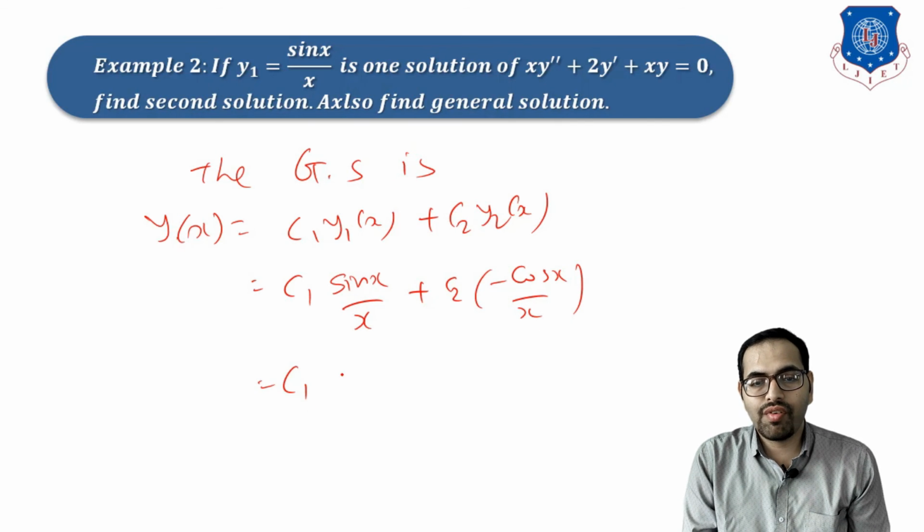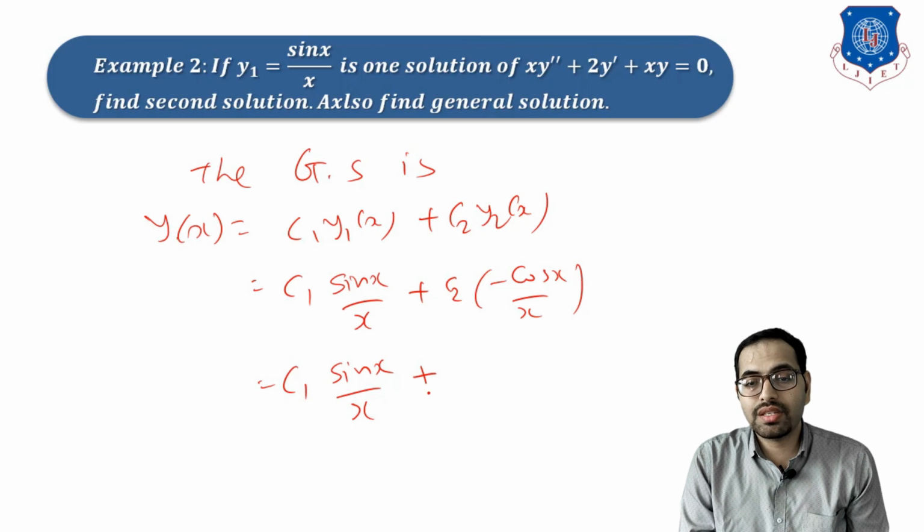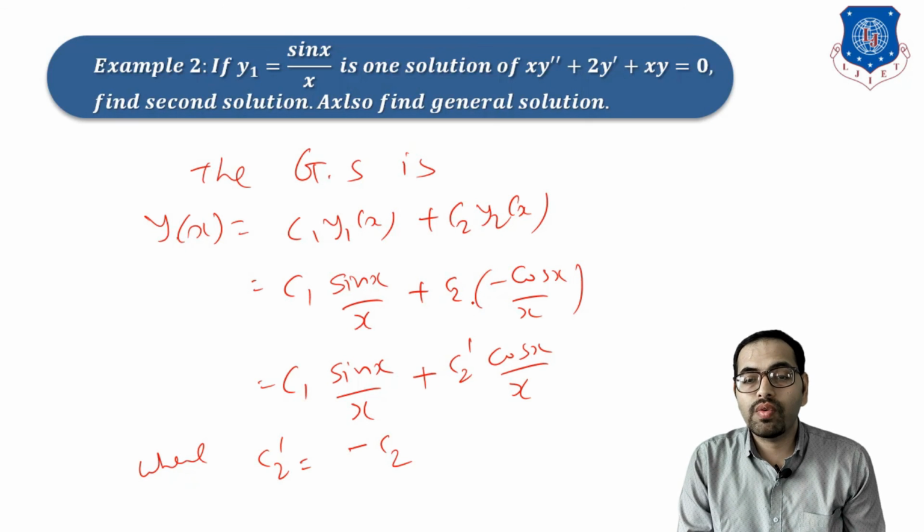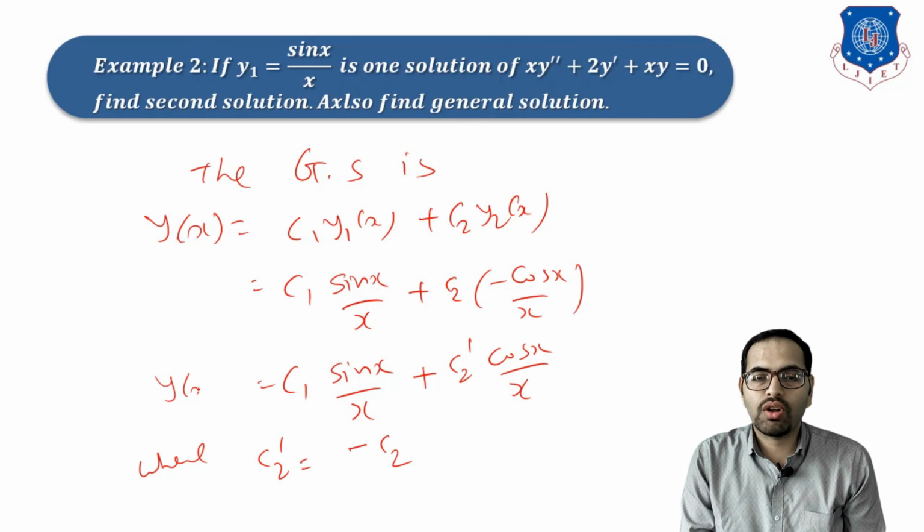Then c1 sin x by x plus c2 dash cos x by x. Here c2 into minus 1 is c2 dash, where c2 dash equal to minus c2, means constant into another constant is another constant, which is c2 dash. This one is our general solution.